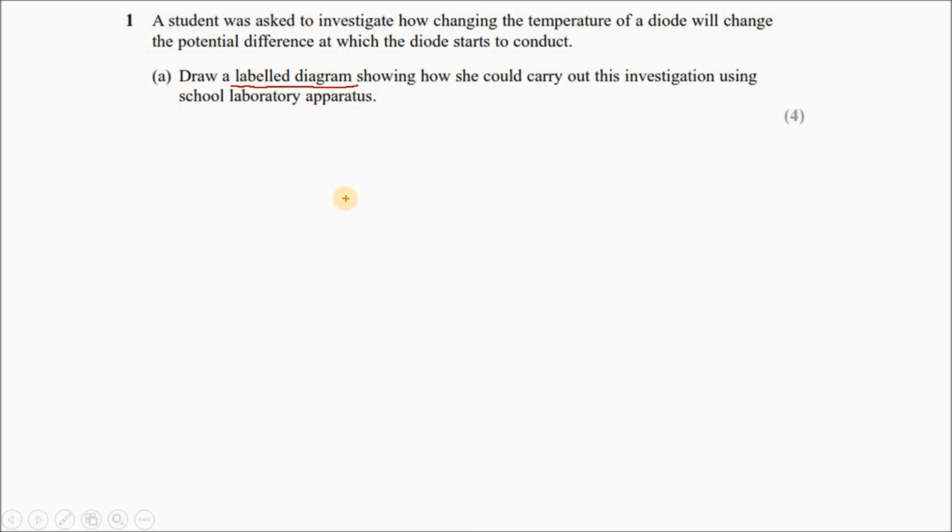So remember, in almost every experiment or investigation of electricity that you deal with, major components are ammeter, voltmeter, the component to be investigated, and the power supply that you will be using, maybe a cell or maybe a power supply, and then a variable resistor.